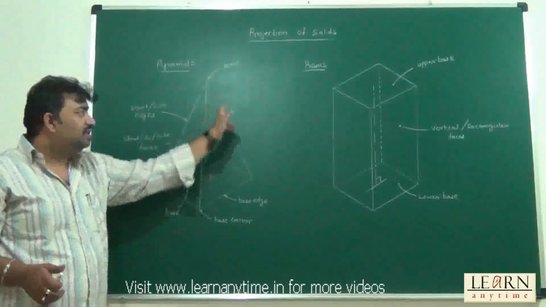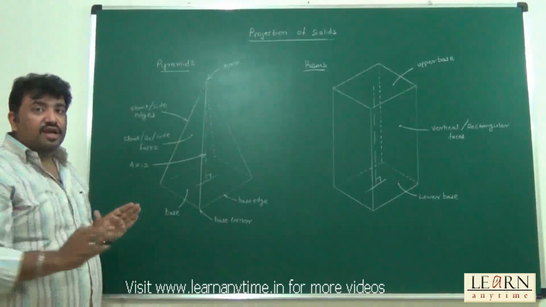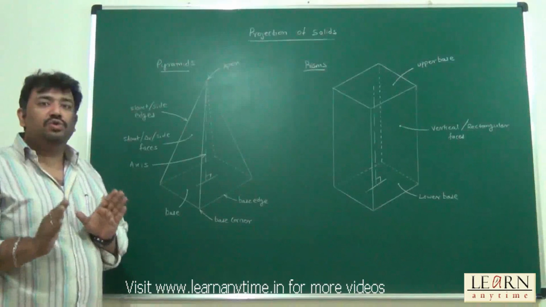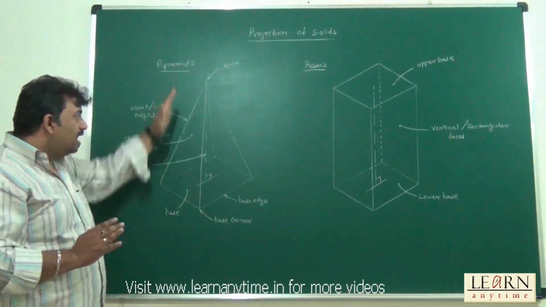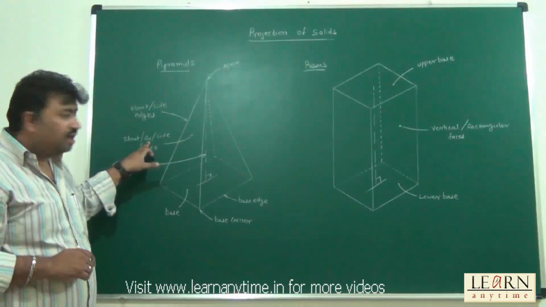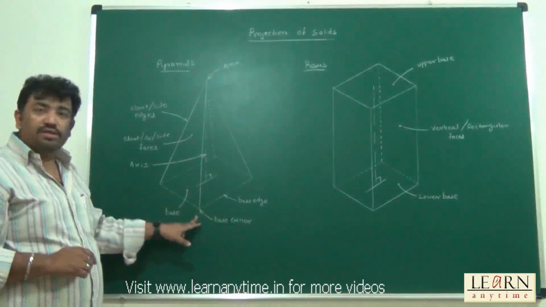These lines are slant edges. You have slant faces. Now in case of a pyramid, all slant faces are isosceles triangular in shape. So these slant faces are also called triangular faces. Then there are base edges, base corners.